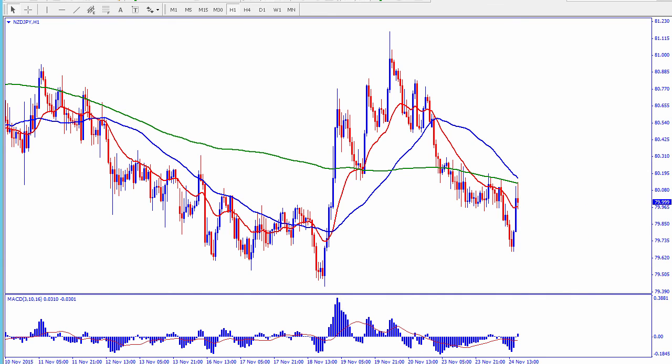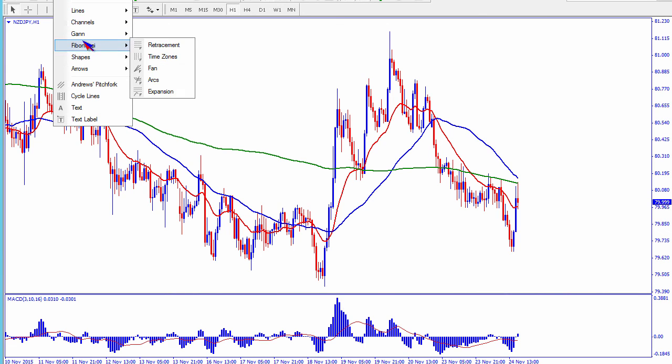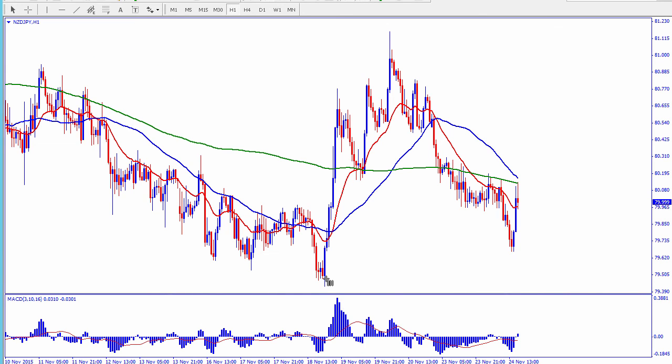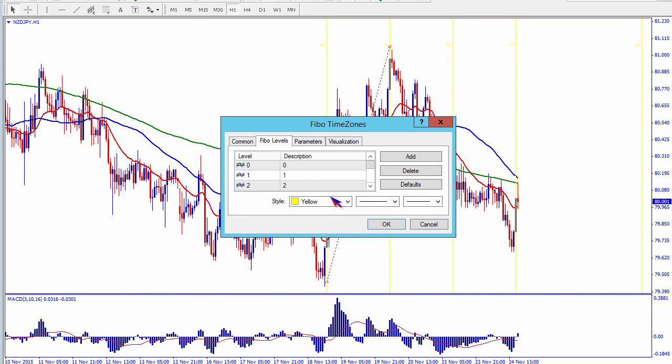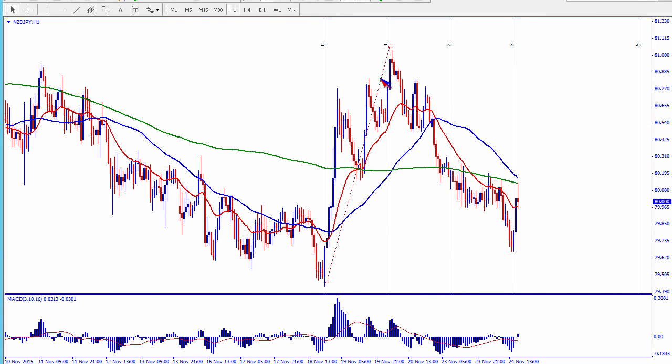So there's a couple of things I like to look at: time and price. I like to look at sectors of time, sectors of price.